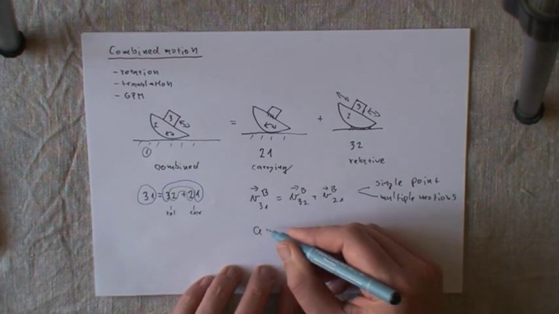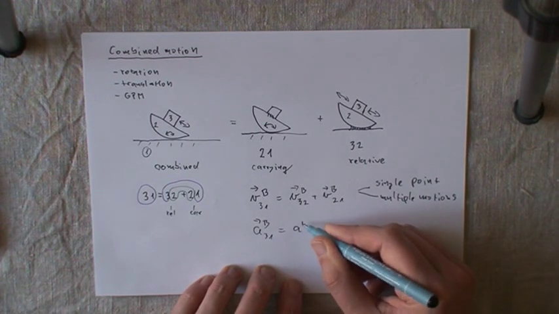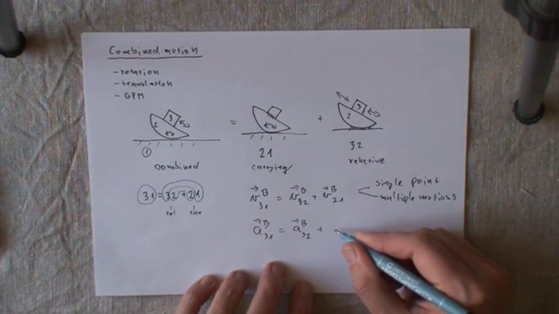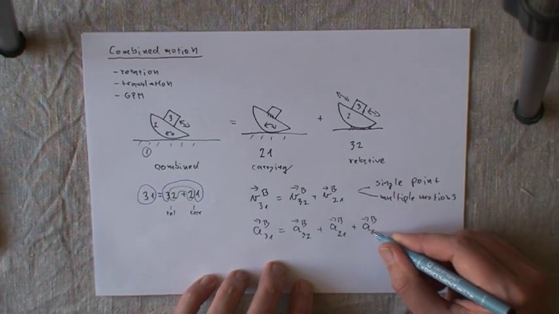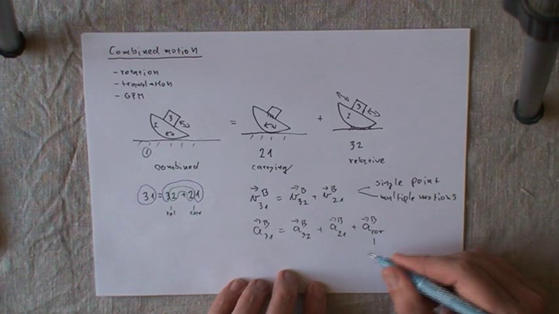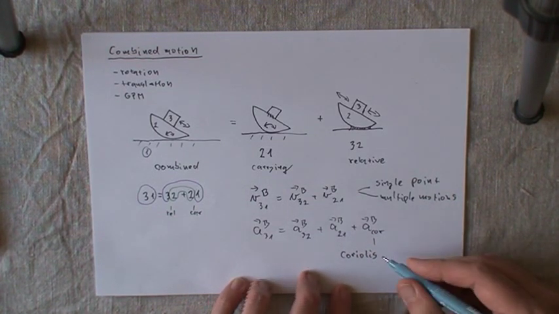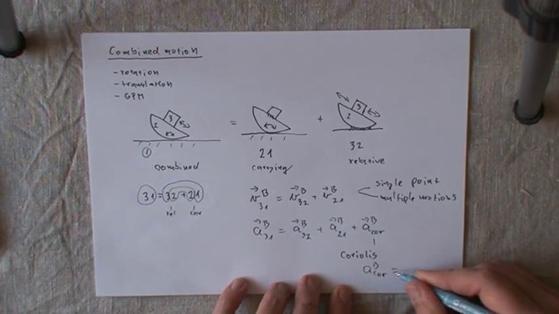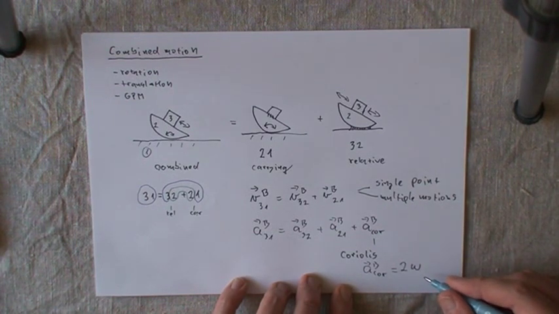Now for acceleration, we have the acceleration, again of a single point, of a relative motion plus carrying motion plus a special term that is called the Coriolis acceleration. The Coriolis acceleration, AB Coriolis, is 2 omega carrying times VB relative.